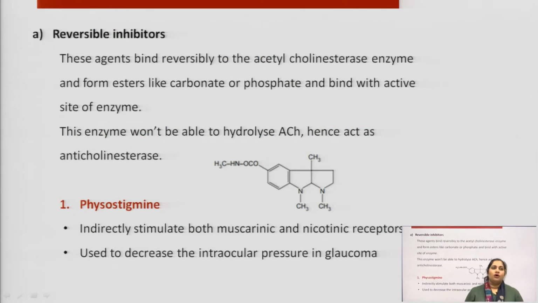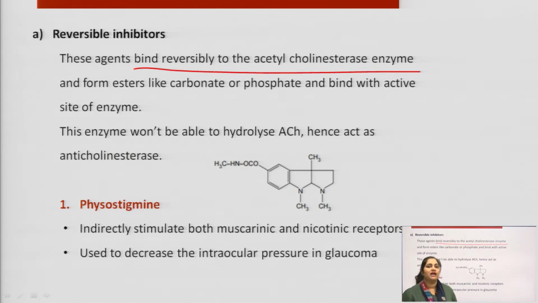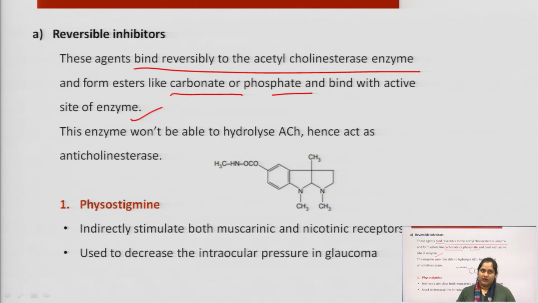First of all, the reversible inhibitors. As the name suggests, these agents bind reversibly to the acetylcholinesterase enzyme, and hence they form esters like carbonate and phosphate, and remain with the enzyme.